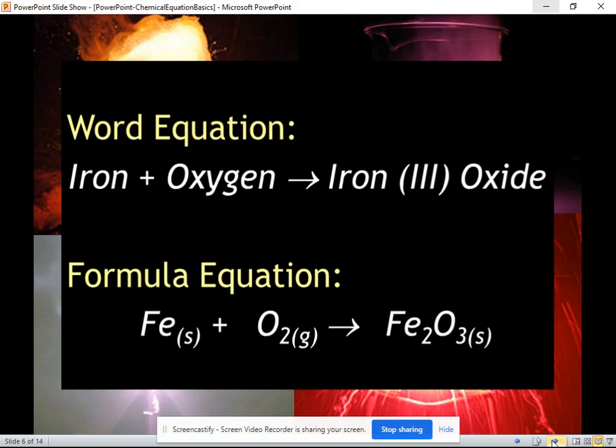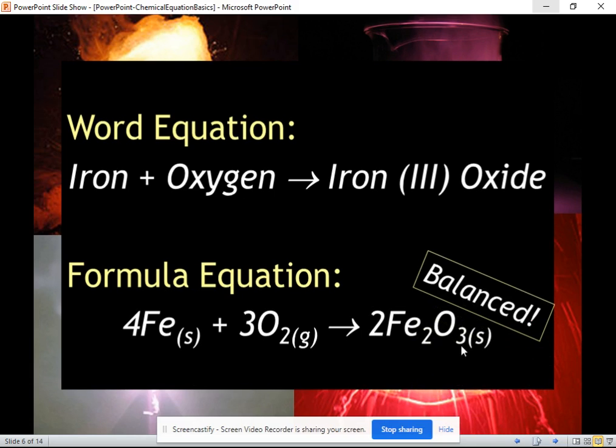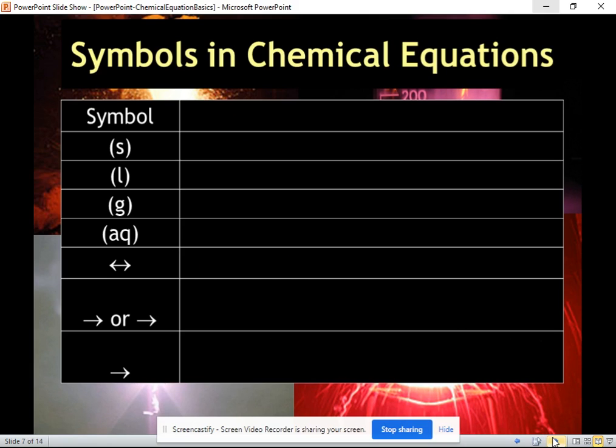Don't write these coefficients in yet, because you don't necessarily need to know it right now for this lesson. But this is what it would look like balanced. You would have 4 iron atoms, 3 O2 molecules, and you would end up with 2 iron oxide molecules. This is completely balanced now. So don't worry about this yet. You don't have to write that in, but I just wanted you to know that's where we're headed.